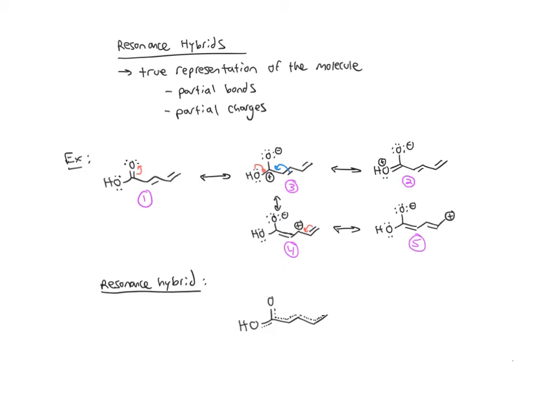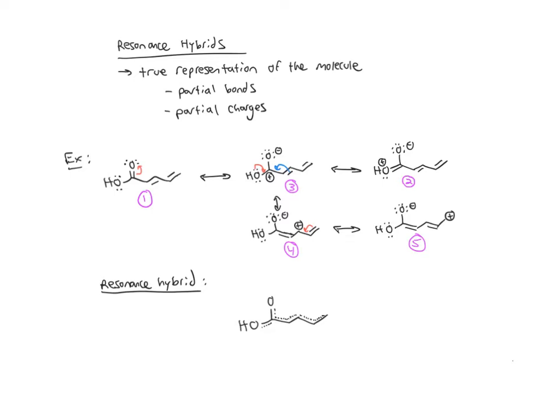And so we make that a partial bond as well. Another important thing we have to put in is our partial charges. So these ones can maybe be a little bit easier to see. We have a neutral structure in the first one, but in the second one, this oxygen is negative. And actually in all the other structures, it's negative. So that means that some of the time it can be negative.